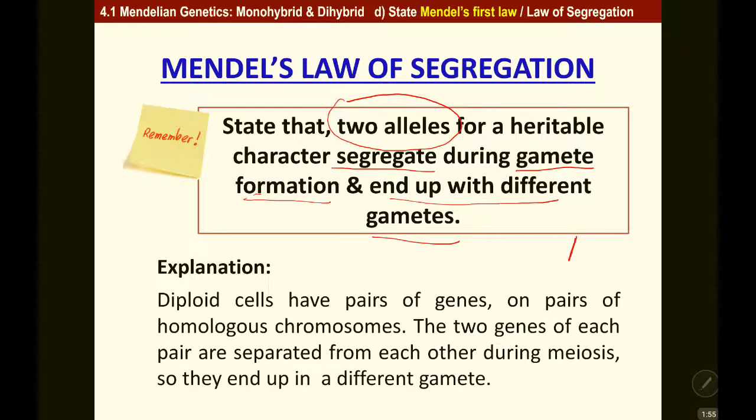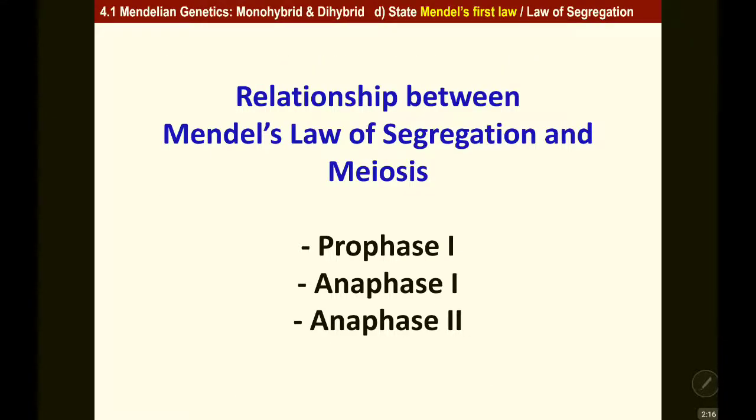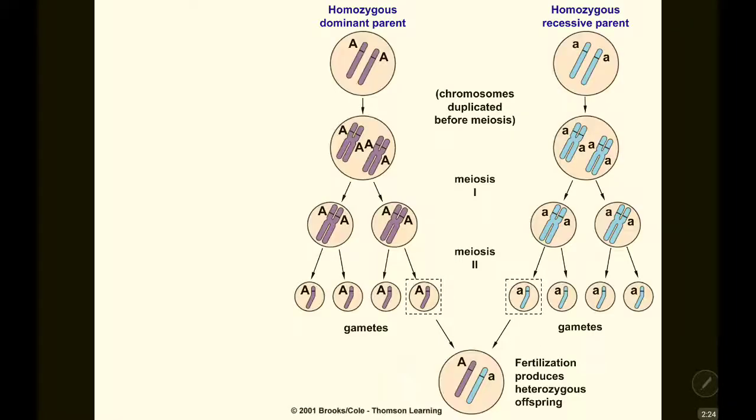For example, we have allele A and allele A. So these alleles appear as a pair, and they segregate during gamete formation. So during gamete formation, they separate, become big A and big A, and end up in different gametes. Okay, so you can see the diagram here, the relationship of Mendel's law with the concept of meiosis.